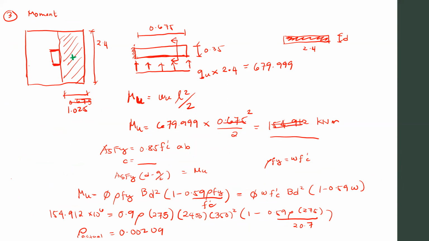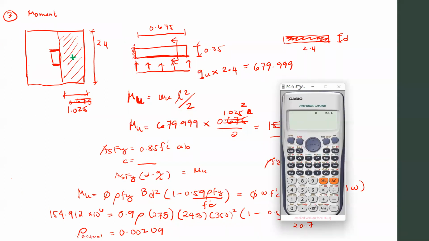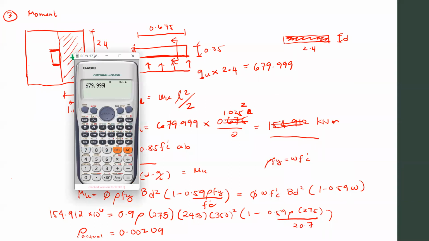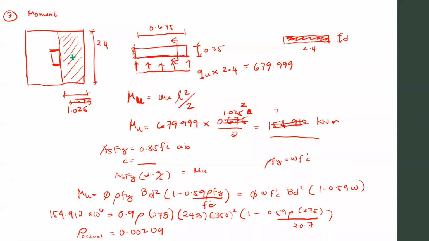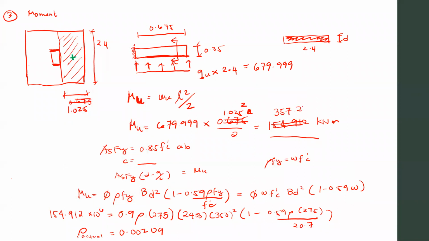Dapat ito 1.025 to. 7.999 times 1.025 squared over 2. 357 pala siya. So 357.212. Okay, then this one, palitan mo ng 357.212.